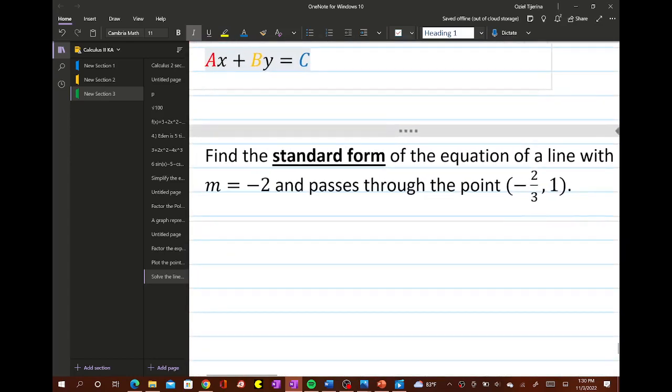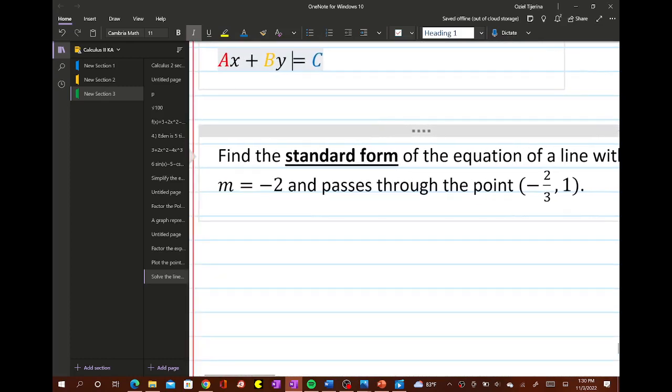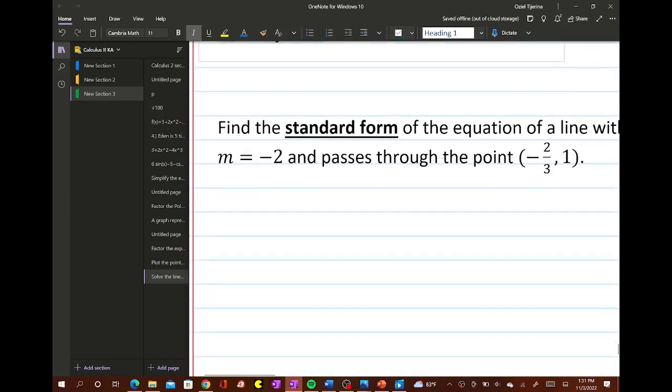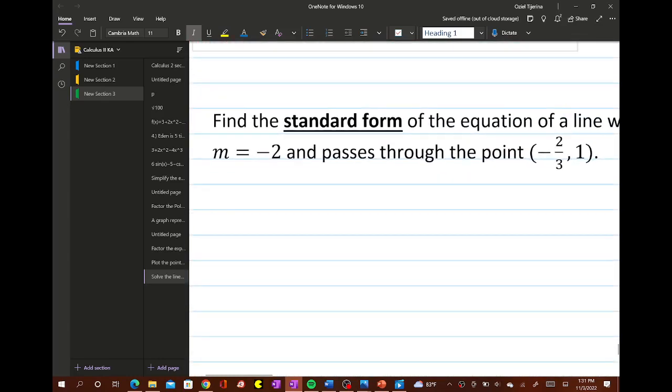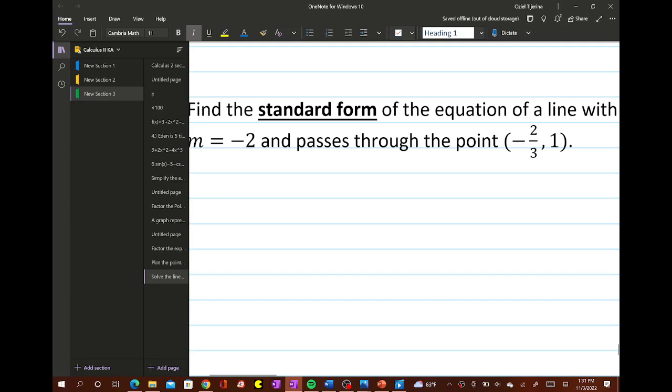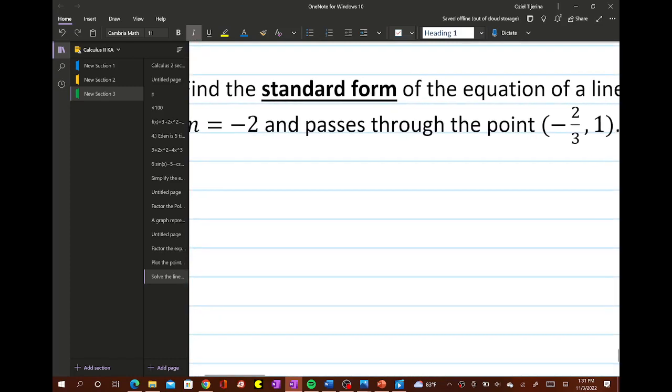It says find the standard form of the equation of a line with m equals -2 and passes through the point (-2/3, 1). Okay, so this one is tricky, so we have to be careful with how we do it. You can do it in terms of point-slope form, or you can do it in slope-intercept form.